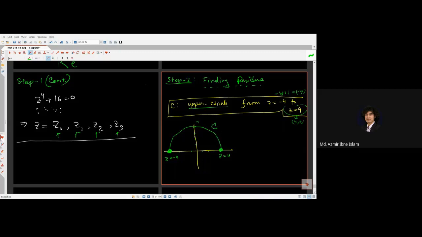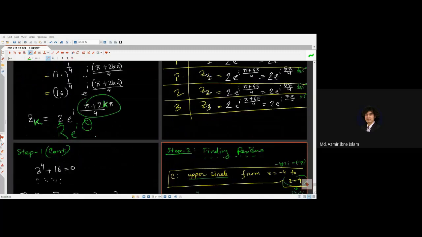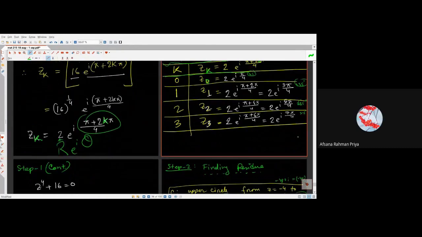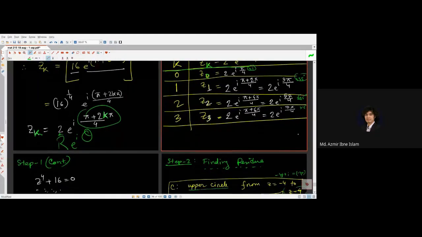We have to check, out of these 4 poles, which poles are inside or on the contour and which are outside. Have you got my point? Yes, sir. Okay. You can see that z0 is at 45 degrees, z1 has an angle of 135 degrees, and we can do it by another way too.